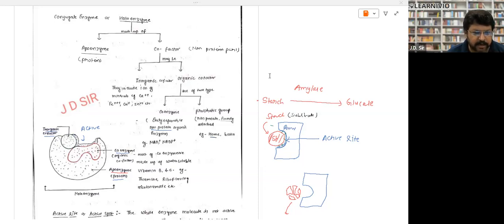Sometime I'll put a diagram and let you know how to incorporate the diagram in your answer. So first note it down and let me know when you have copied it. Don't take a screenshot, and don't think that you'll write it down after the class. That is not going to happen, and many times you will miss all this content, right?